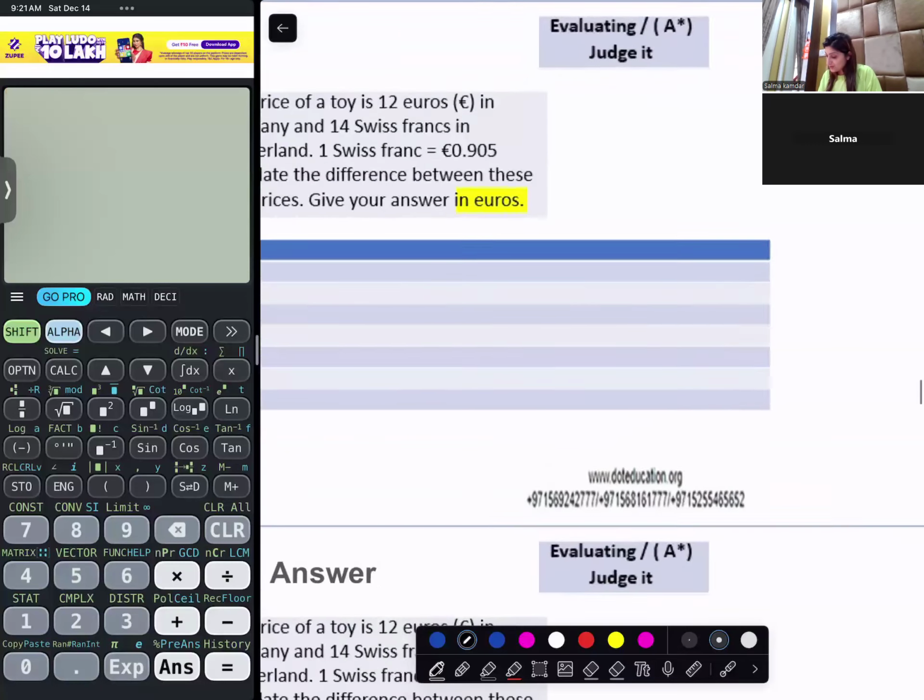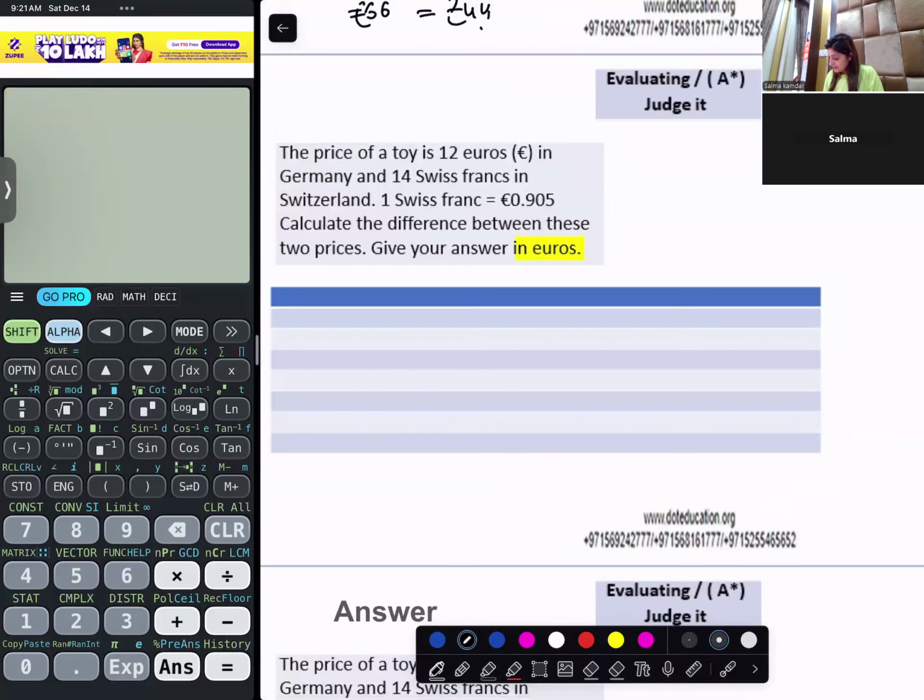Let's do the next question. The price of a toy is 12 euros in Germany, 14 Swiss francs in Switzerland. 1 Swiss franc is 0.905 euros. Calculate the difference in the two prices. So in Germany, the price of the toy is 12 euros.